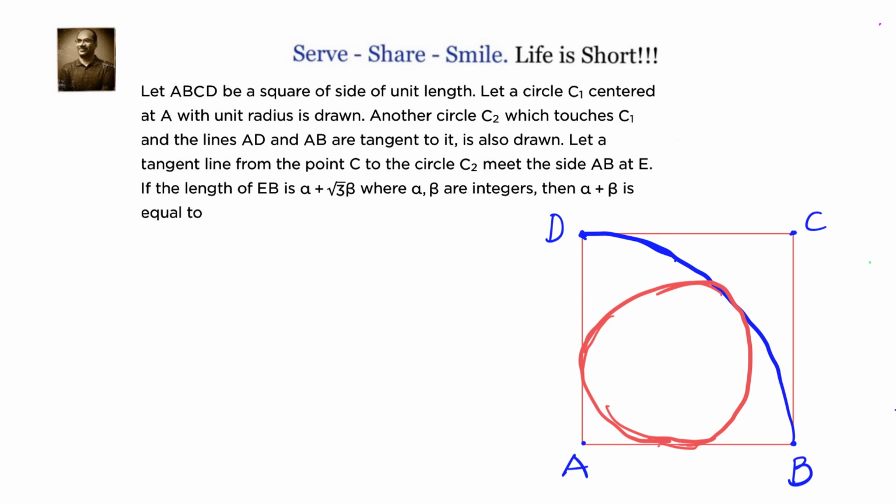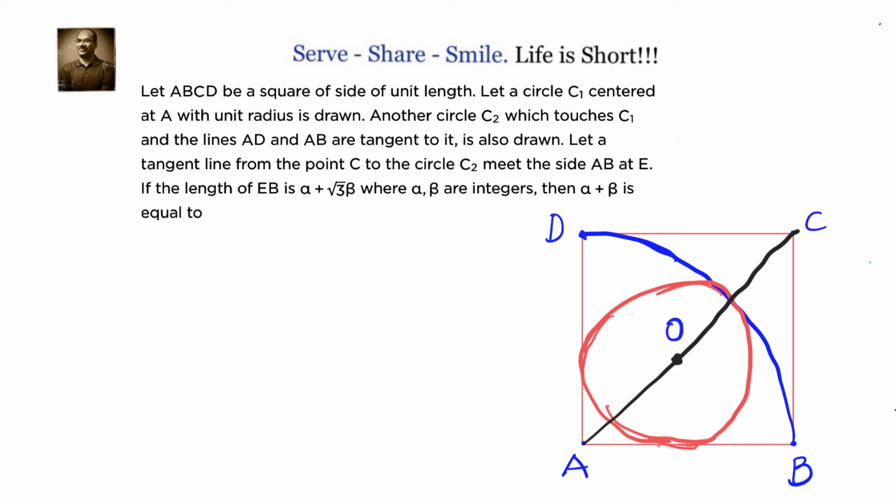So we have now circle C2 which is touching the circle C1 internally and also the lines AD and AB are tangents to it. Now let us just draw a line AC, the diagonal joining A to C.